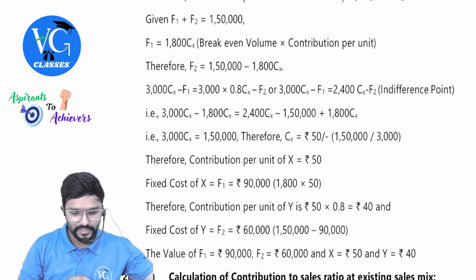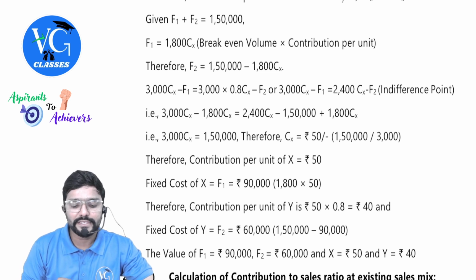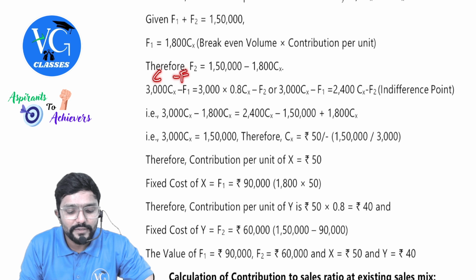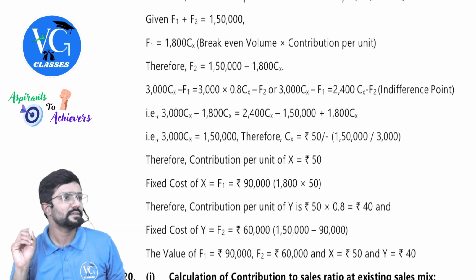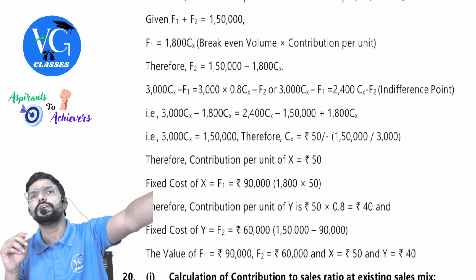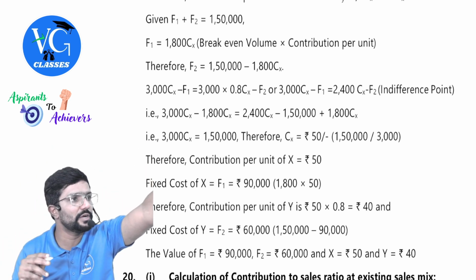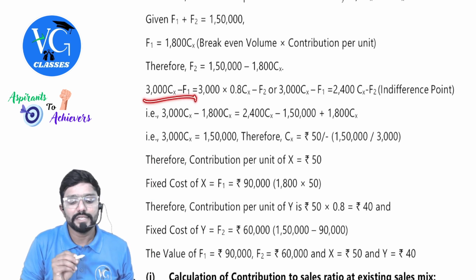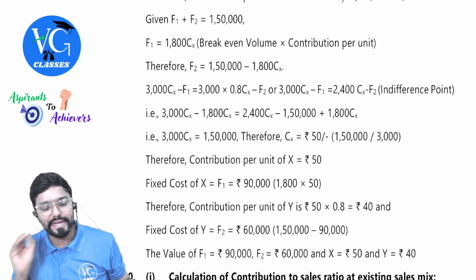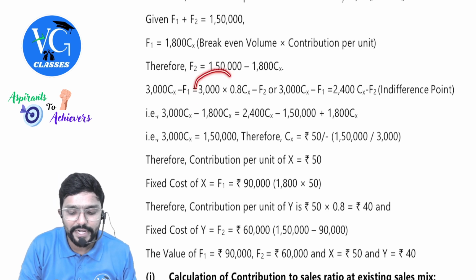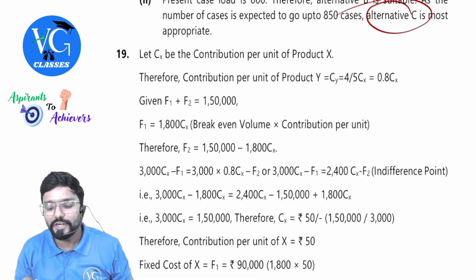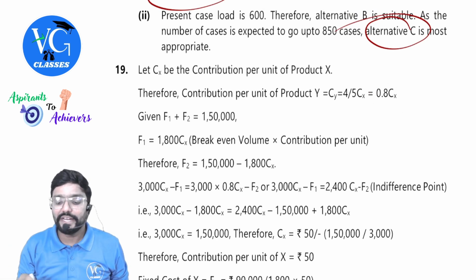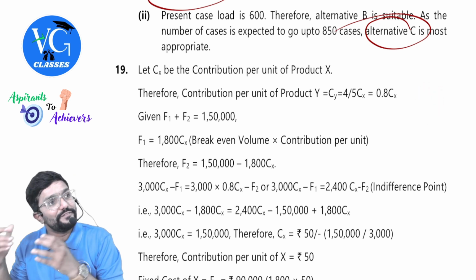Now for product X, 3000 Cx gives the contribution, and contribution minus the fixed cost of product X is the profit of product X. That is equal to the profit of product Y. Now, the contribution per unit of product Y is 0.8 Cx; you can take it as Cy, but that is 4/5 of Cx.